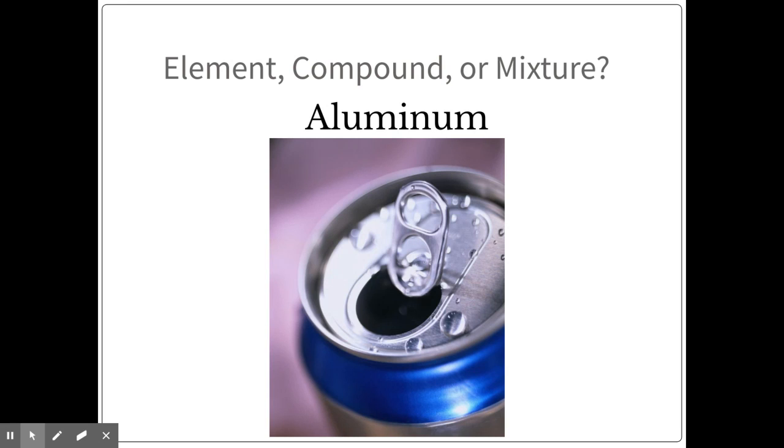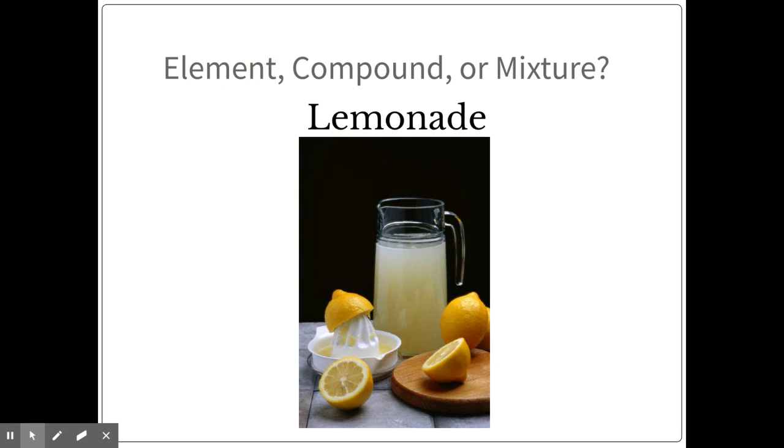Aluminum. Stuff that makes our soda pop cans. Element, compound, or mixture? Aluminum is an element. Al, it's in the metals section as well. Lemonade. Think about what this is. It's got water, it's got lemon juice, it's got sugar. It's got to be a mixture.